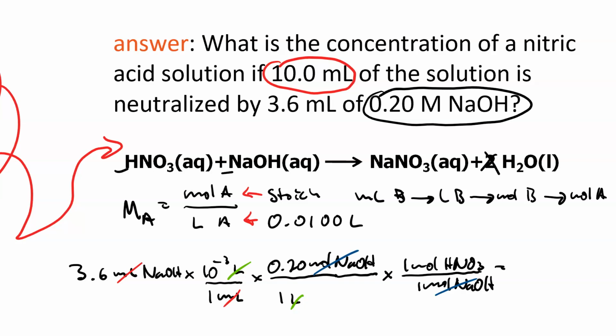And the calculator says that I have 7.2 times 10 to the negative fourth moles of HNO3.